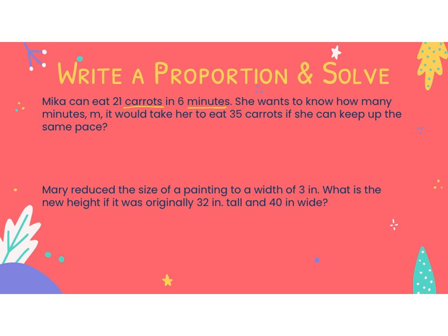She wants to know how many minutes, M, it would take her to eat 35 carrots so she can keep up the same pace. I'm going to write minutes in my denominator because it's a unit of time. And I'll write carrots in my numerator.